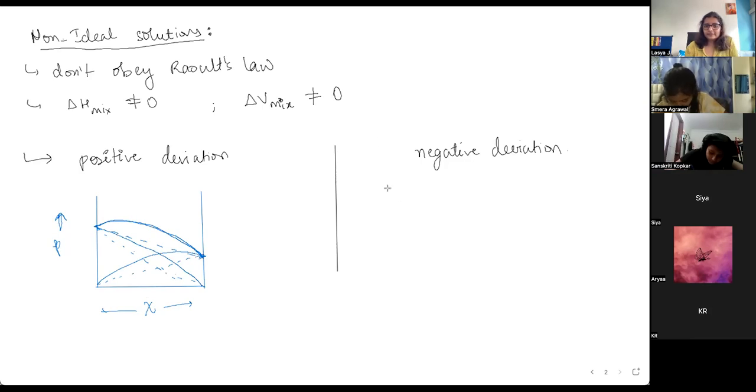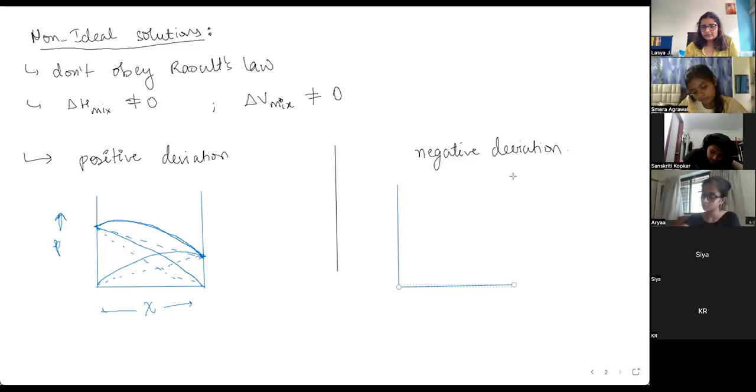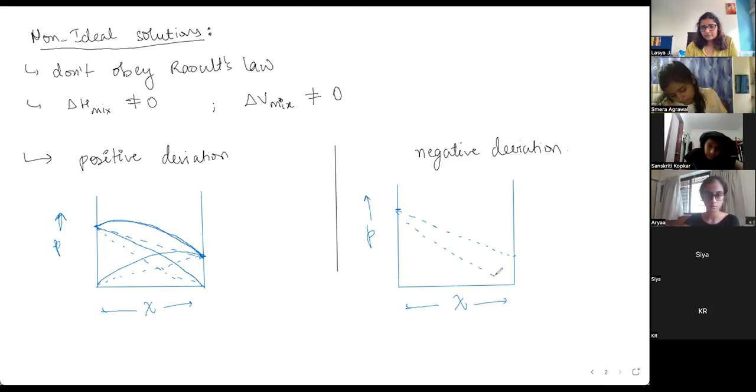And negative deviation means it's the opposite. The values of vapor pressure are less than expected. This was if it obeyed Raoult's law; with negative deviation it's lower.